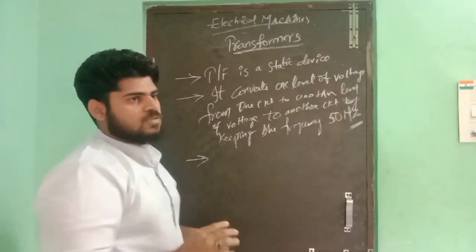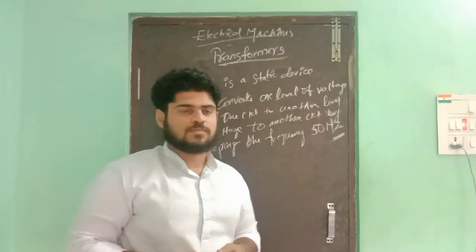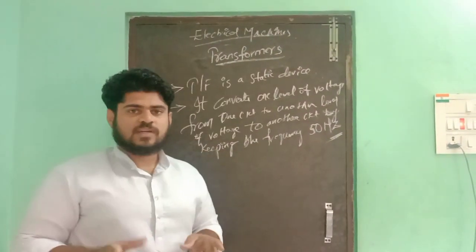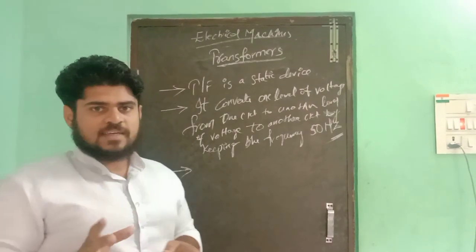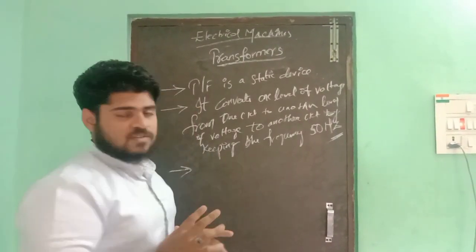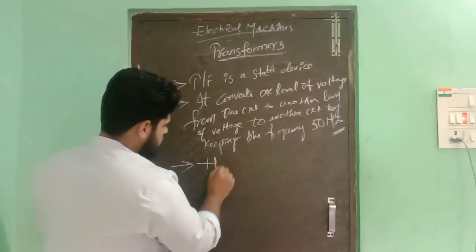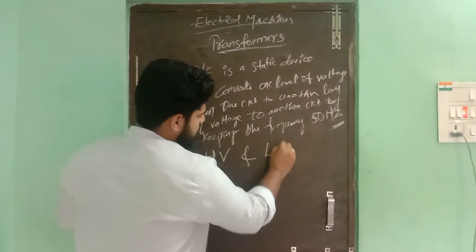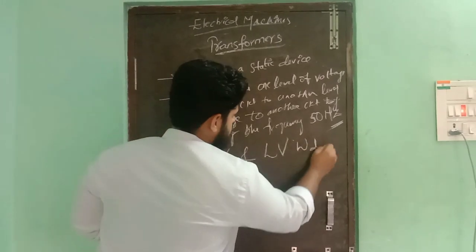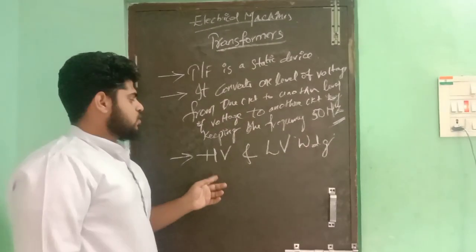Another feature, generally while designing a transformer, is that it is mainly classified into two types of windings, that are high voltage HV windings and LV windings. What is HV winding?